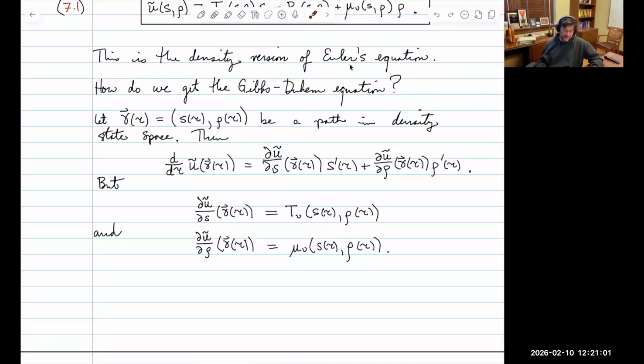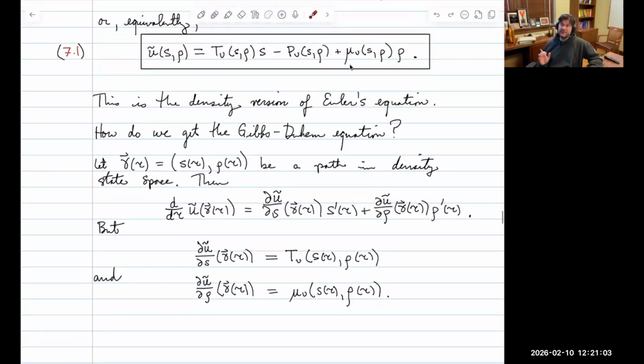How do I get the Gibbs-Duhem relation? Well, remember Gibbs-Duhem was you just use the Euler equation and the first and second law expression in differential form to get it. So what I'm going to do is take a path in density space. By density space, I mean entropy density and the number density.